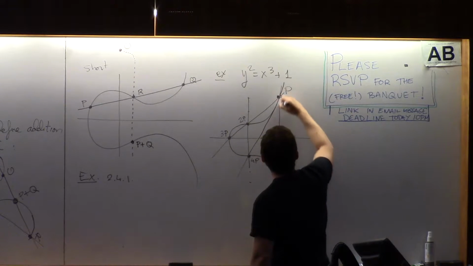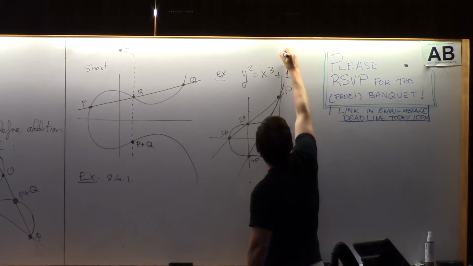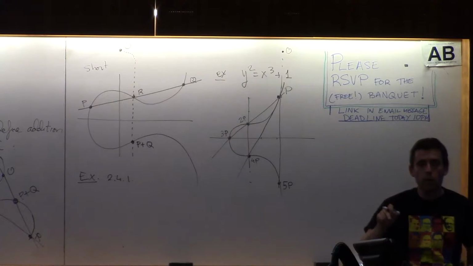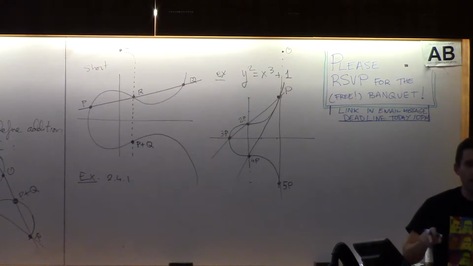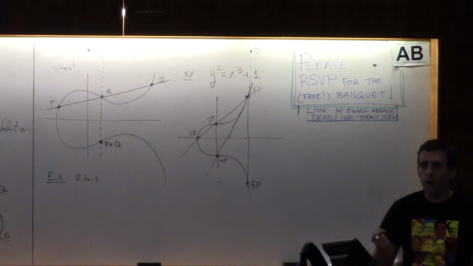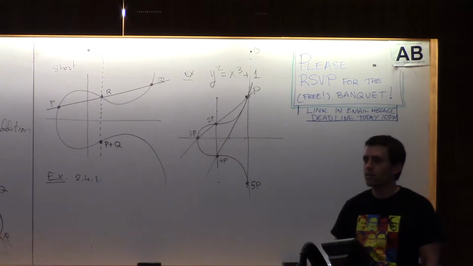So I go like this, I hit O, and now I have to go through O and O and see where I land. Where do I land? What's the line that goes through O and O, and where does it go after that? What's the line that is tangent to the elliptic curve at O?